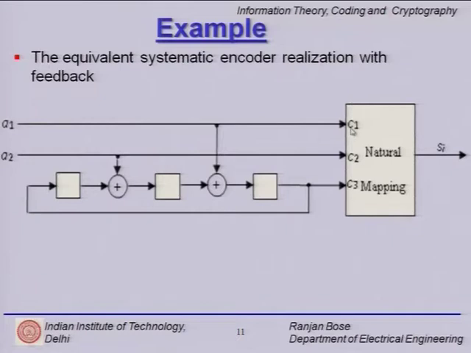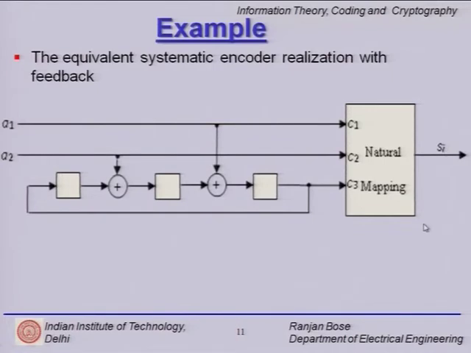Clearly there are 3 bits at the output of this convolutional encoder, and therefore we must have 8-PSK in order to convert it into a symbol Si. So, 2 bits come in, go through the convolutional encoder, 3 bits come out, they are mapped using the natural mapping, and 1 symbol comes out.